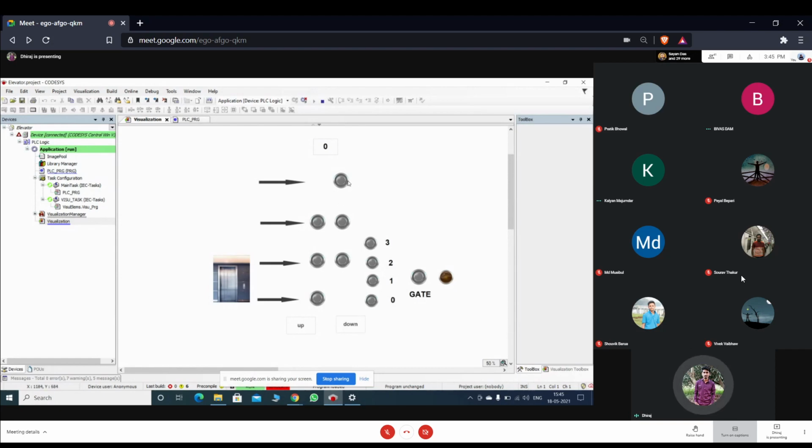So if someone is calling the lift on the third floor, the lift reaches there and the gate opens automatically. Now he wants to go down. Suppose he wants to go to the ground floor. So these are the buttons inside the lift.